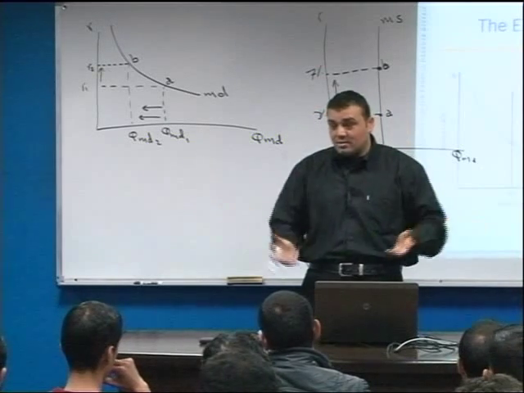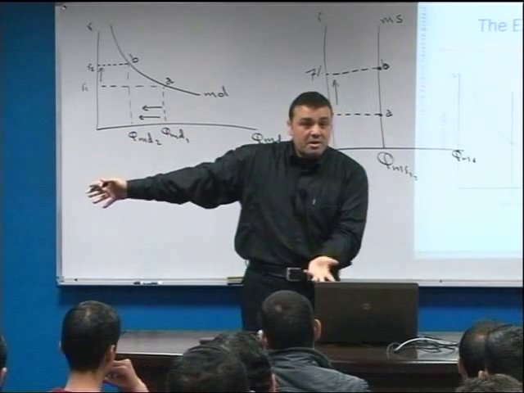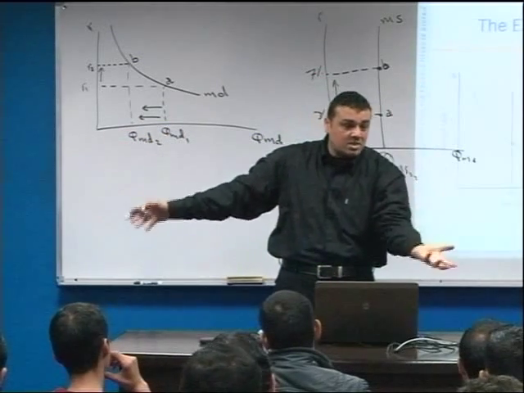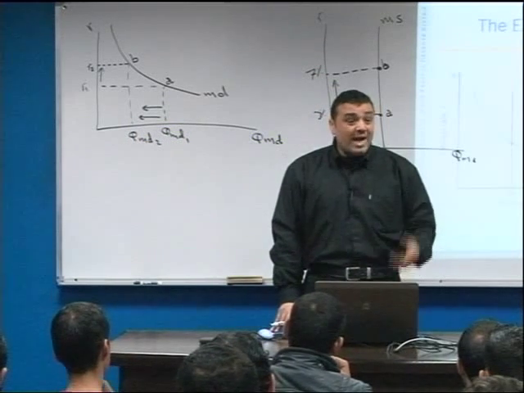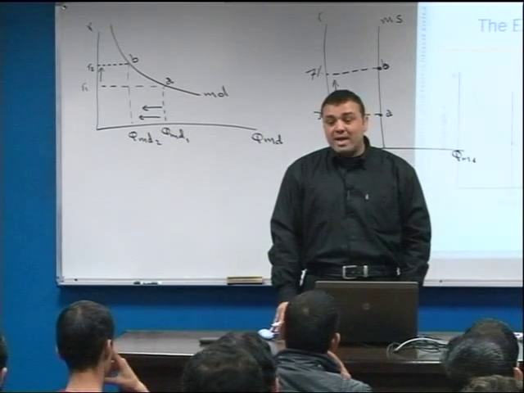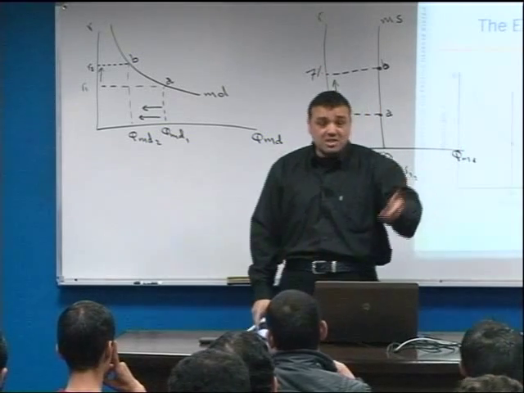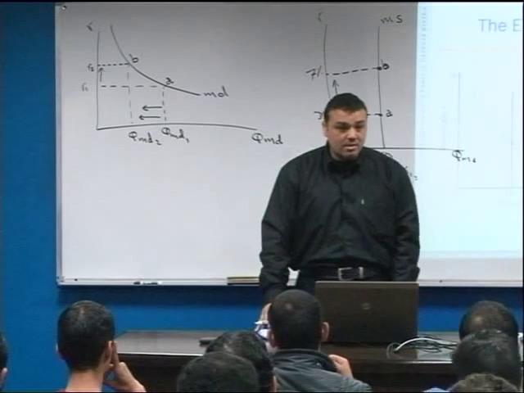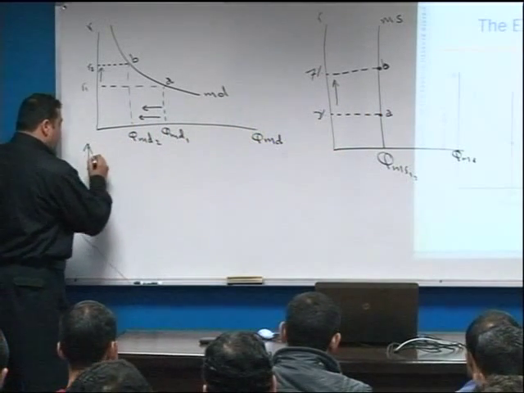Suppose you are going to take a loan from the bank. The increasing interest rate leads to increasing the cost of borrowing. So in this case, it leads to a decrease in the quantity of money demanded for speculation, for transactions, etc.